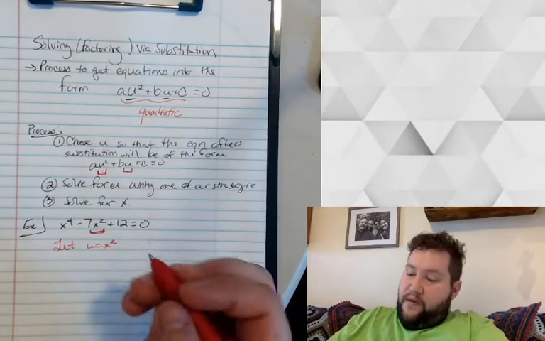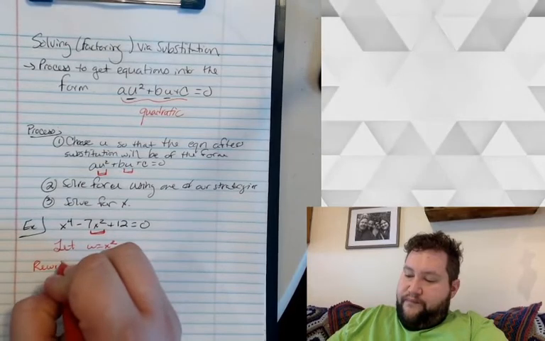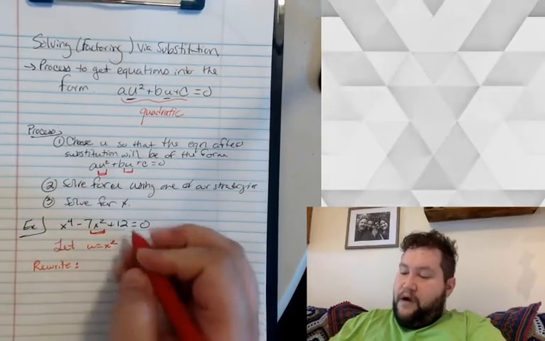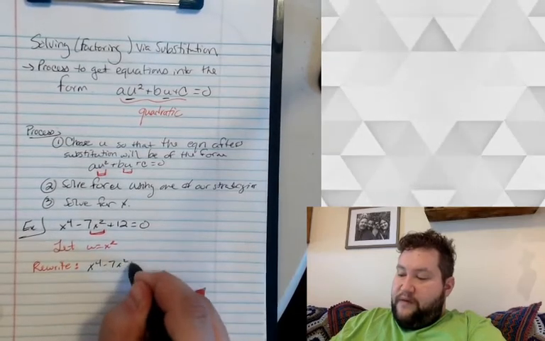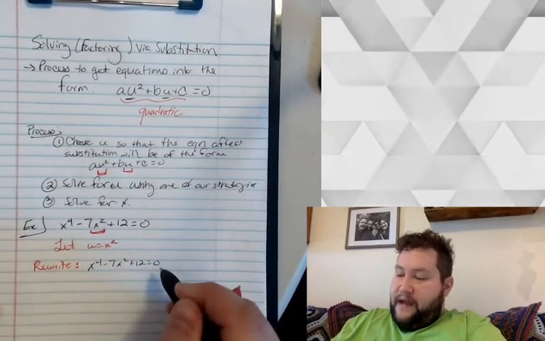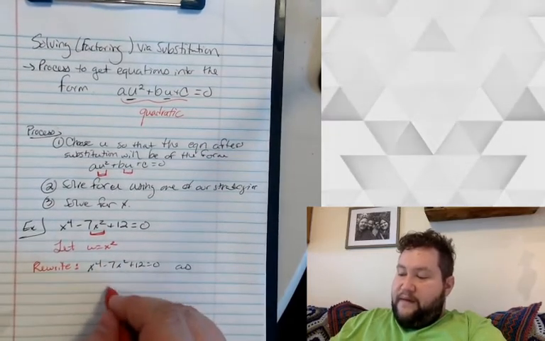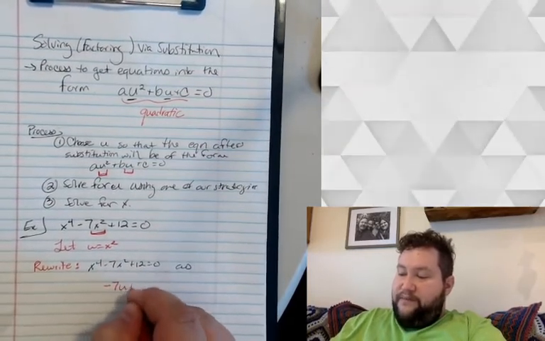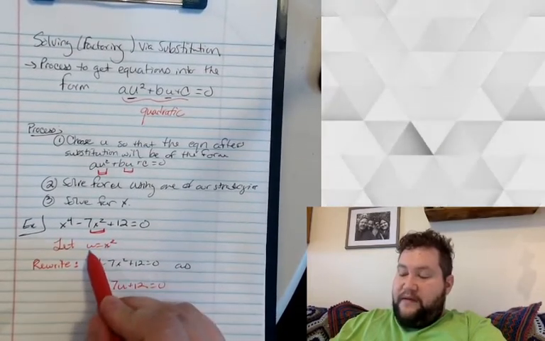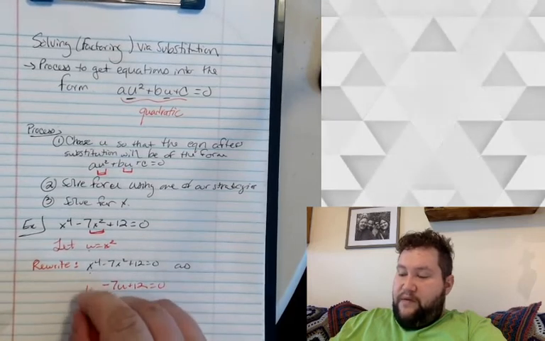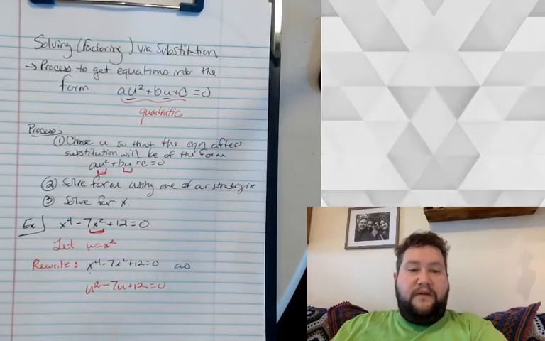So if we rewrite our original x to the 4th minus 7x squared plus 12 equals 0 as u is x squared, so we have minus 7u plus 12. And if x squared is u, x to the 4th is u squared. U squared minus 7u plus 12.